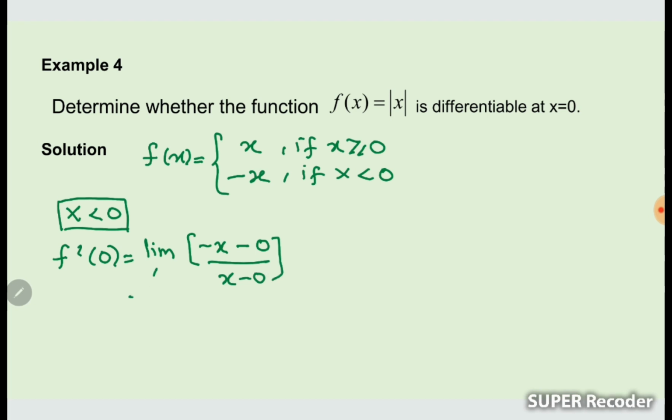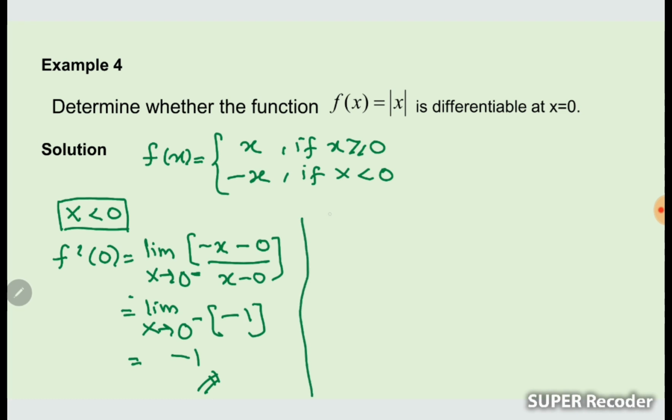So the limit when x approaches 0 from the left of negative x over x is negative 1. So the final answer is negative 1.